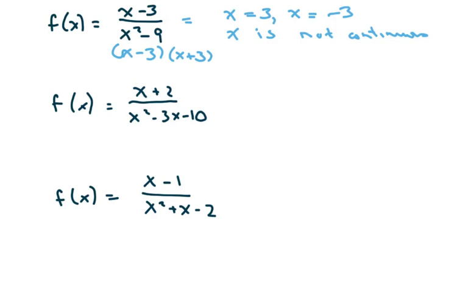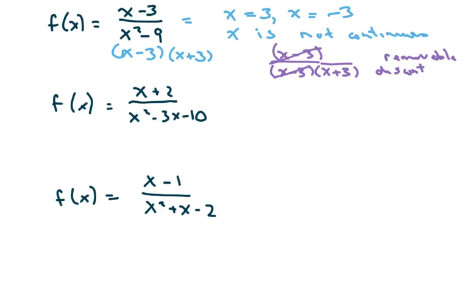It does have a removable discontinuity, because if I rewrite this, x minus 3 over x minus 3 times x plus 3, these cancel. So it does have a removable discontinuity at x equals 3.